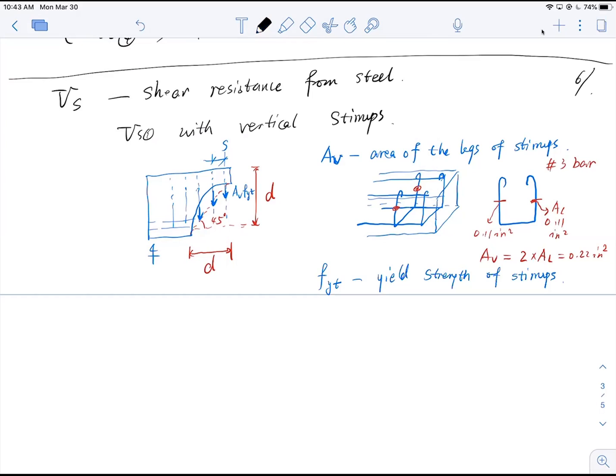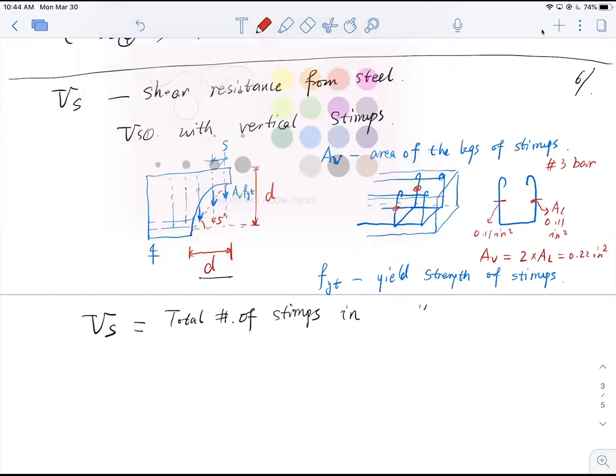VS, the total shear resistance provided by steel, equals the total number of stirrups in the spacing D, and this is the D here. So how many stirrups do I have in the spacing D? That's the critical thing.